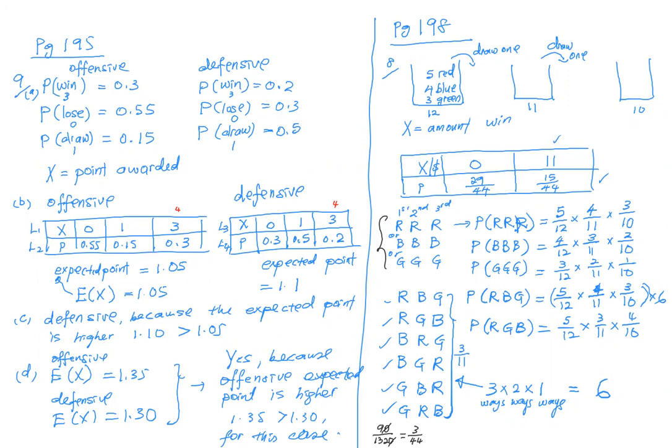Is it, expected value is 3.75? Yes, 3.75. So they say, if the organizer of the game wants to make an average of 1 per game, how much should you charge?